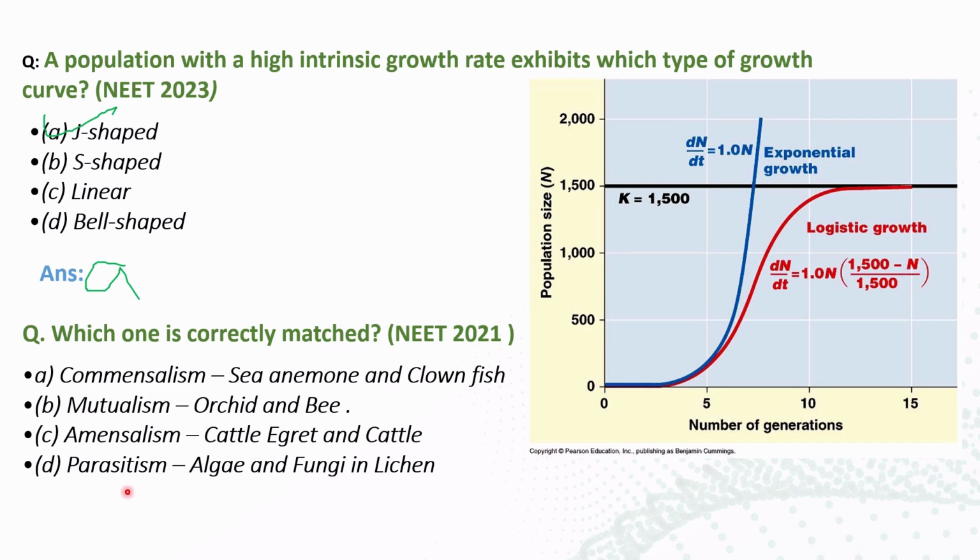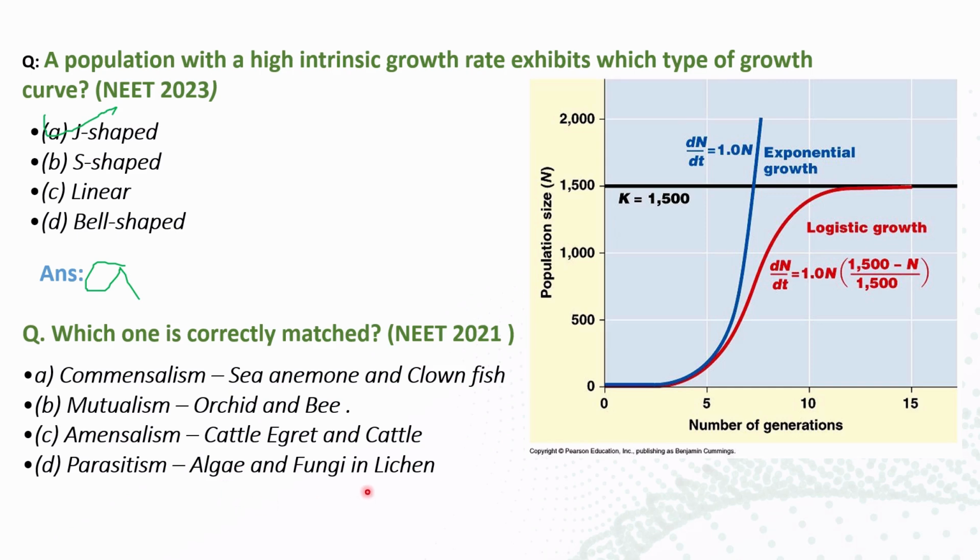Okay, so next one, parasitism. Here they are showing parasitism. It means one organism lives inside another to benefit, and it degrades the growth of the other. It causes negative effects to the host where it is staying. So parasitism includes fevers, malaria, typhoid, all of them are parasitism processes. But here the option they have given is algae and fungi in lichens.